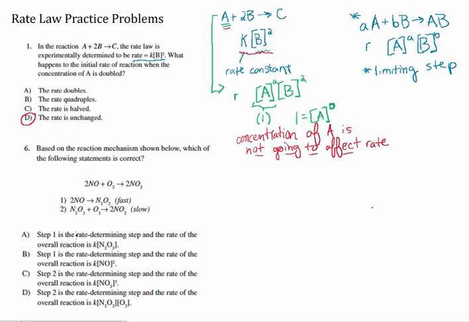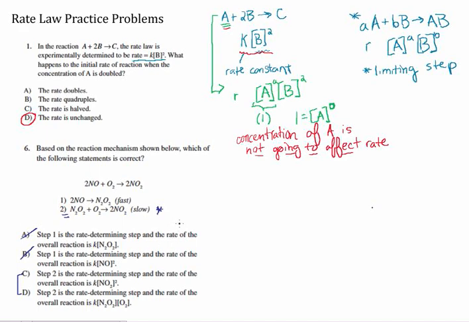They're asking you which of these is the rate determining step and what the rate of the overall reaction is. So let's start with the rate determining step. Remember, the step that always determines the rate is whichever one is happening most slowly, right? Remember our dishwasher example? So it's going to be this one. It's going to be number 2. So we can get rid of A and B, and that leaves me with either C or D.